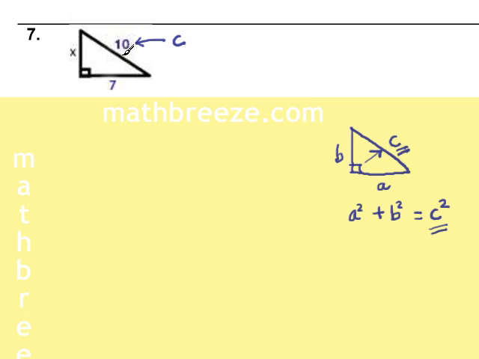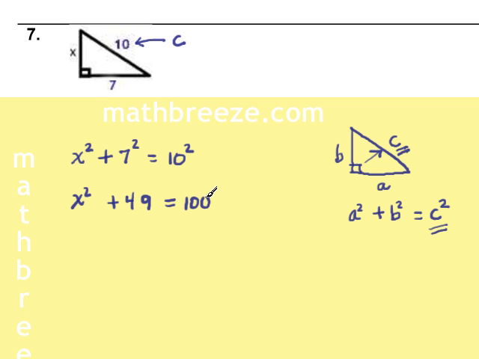10 is opposite the right angle, so 10 is c. All right, so we're going to write that this side squared plus this side squared is equal to this side squared, like the Pythagorean theorem says. So we have x squared plus 7 squared is equal to 10 squared. Or x squared plus 49 is equal to 100.